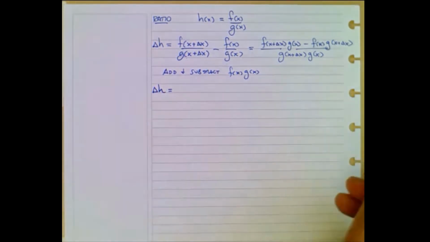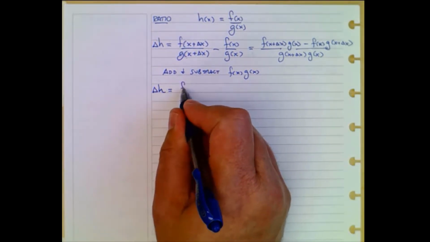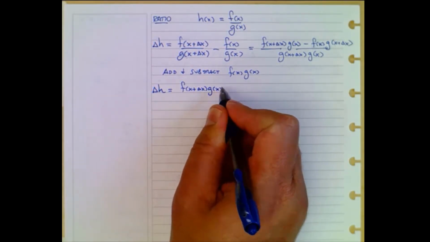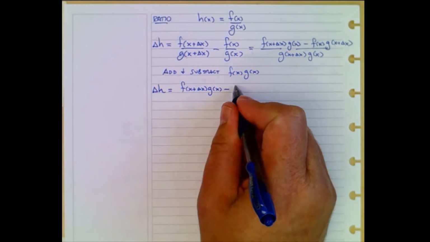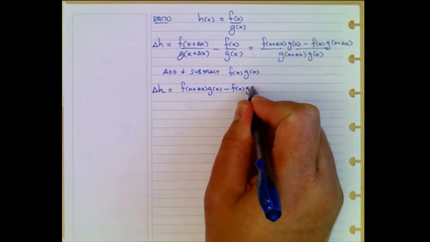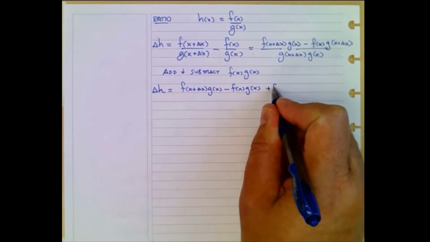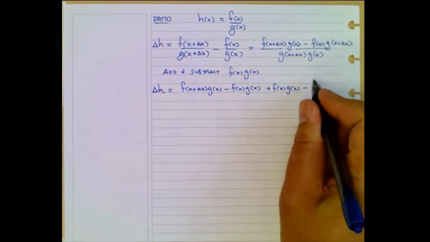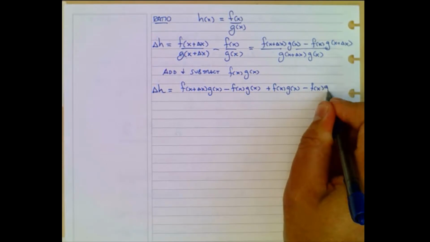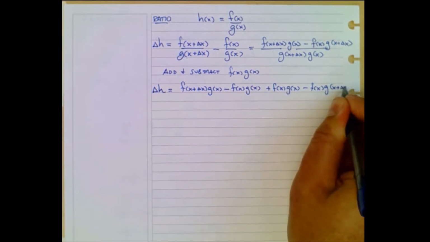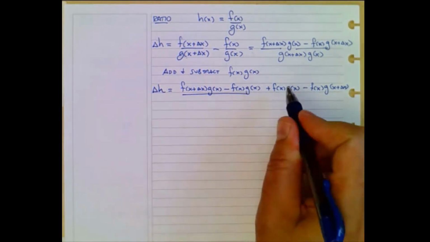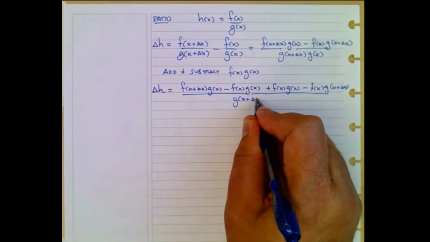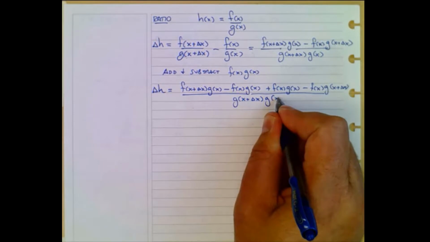So my delta h now becomes f of x plus delta x times g of x. Firstly, I'm going to subtract my f of x g of x, and then add my f of x g of x. And then the last term is minus f of x times g of x plus delta x. All of this is still divided by g of x plus delta x times g of x.